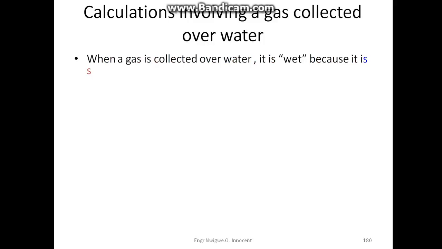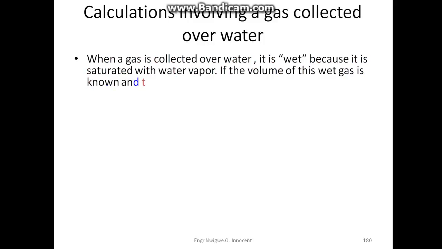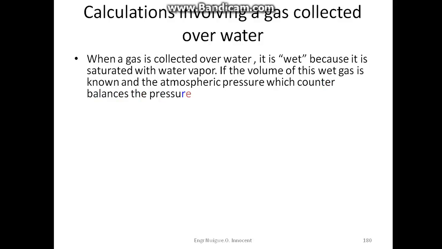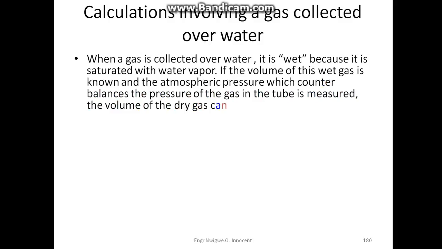Calculation involving a gas collected over water. When a gas is collected over water, it is wet because it is saturated with water vapor. If the volume of this wet gas is known and the atmospheric pressure which counterbalances the pressure of the gas in the tube is measured, the volume of the dry gas can be calculated using the law of partial pressure.